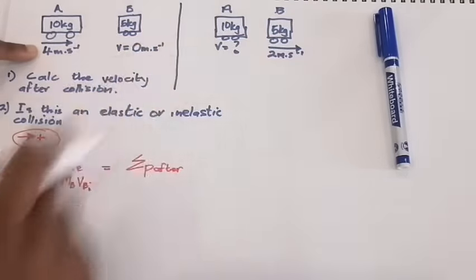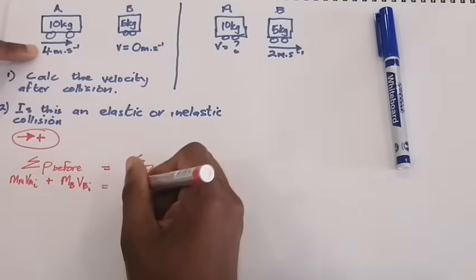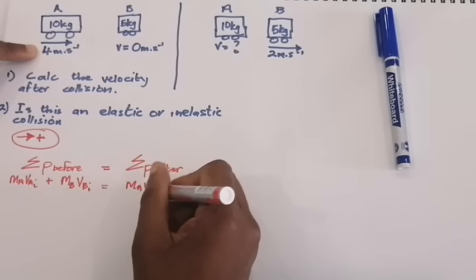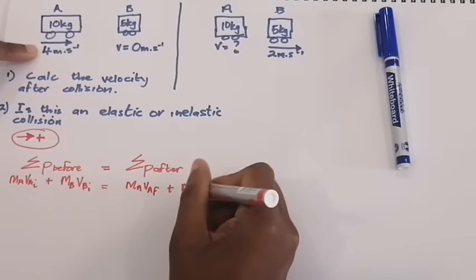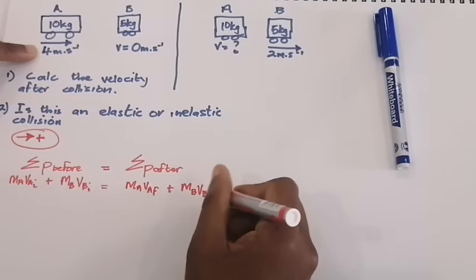Then after they collide, it is equal to the mass of A times velocity of A final, plus mass of B times velocity of B final.